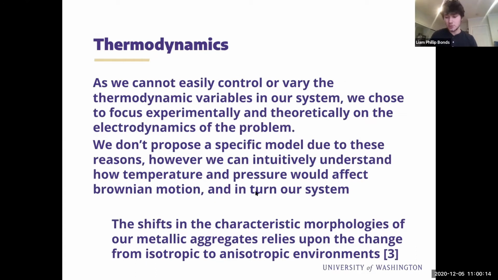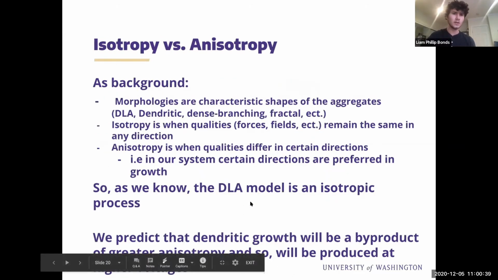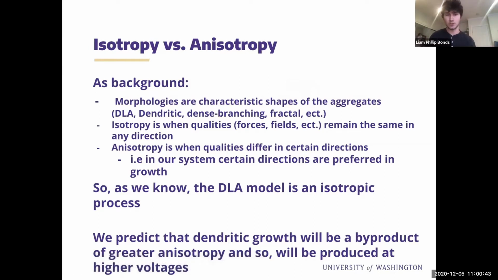Since this is a diffusion situation, thermodynamics is very important, but because we can't control any of the thermodynamic variables, we forego a specific model on it because we wanted to focus on electrodynamics. But we can take an important characteristic from thermodynamics, which is isotropy and anisotropy, and relate that to our system. Isotropy is basically the idea that things are the same in any direction you go.